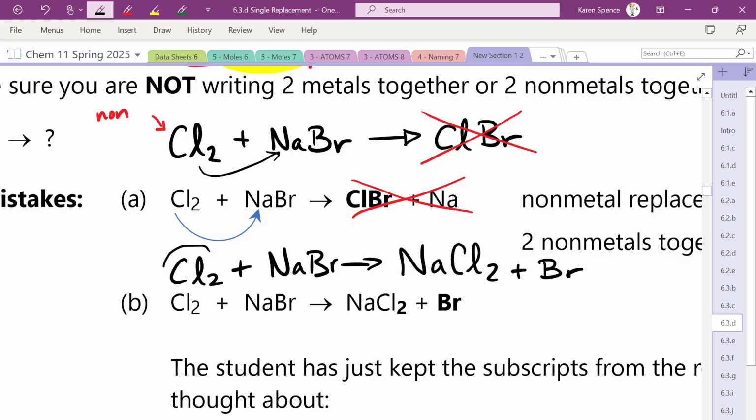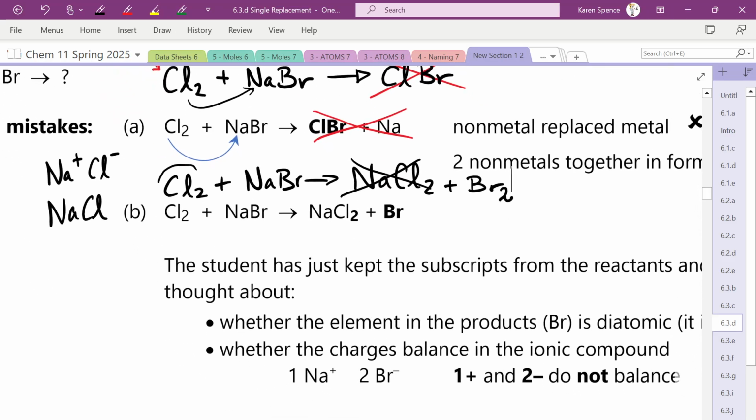Do we love it? No, because Na has a charge of +1, Cl has a charge of -1, which means that the formula cannot be NaCl2. That is incorrect. It should be just NaCl. And of course, bromine can't just be Br. It has to be Br2 because it is diatomic when it is on its own.